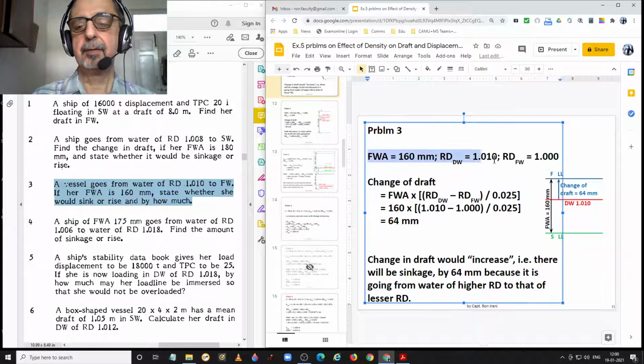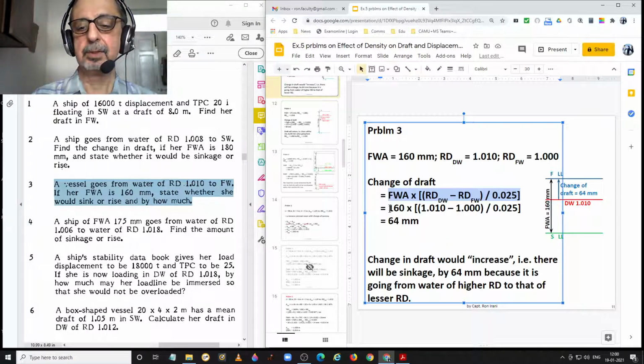The data given to us in the problem is this, and from that we have to find the change of draft, that is dock water allowance. We know that the dock water allowance formula is freshwater allowance multiplied by the difference of the two relative densities divided by 0.025.